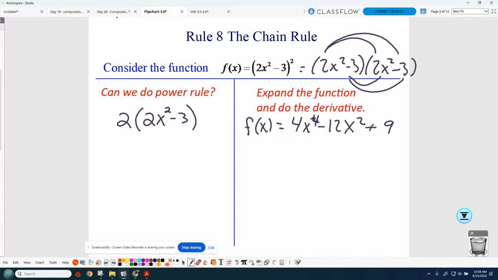So Alex, doing the derivative of the stuff on the right-hand side, what do I get? 16x to the 3rd minus 24x. Okay.